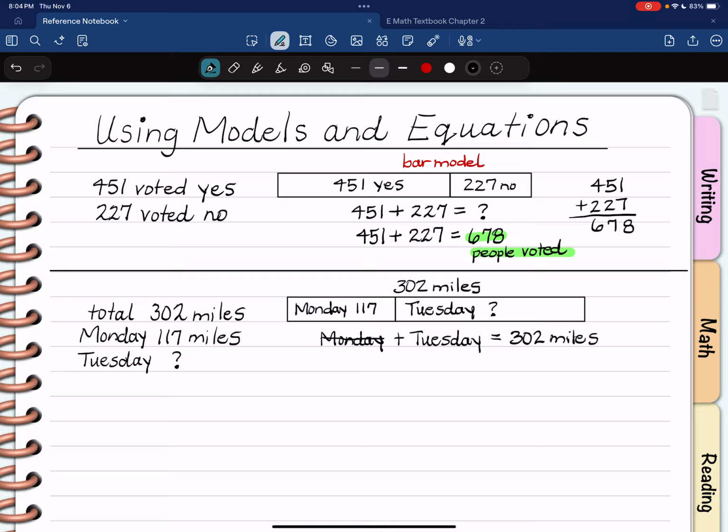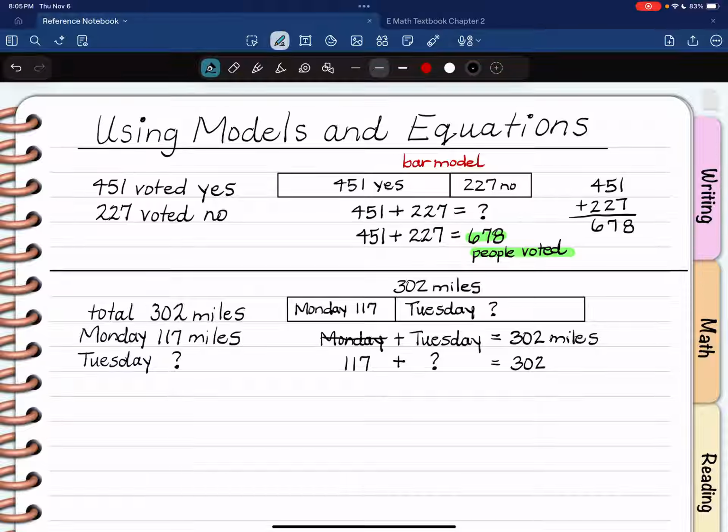And we know what Monday was, so let's cross that out and put its number in there. We know that 302 would be the answer, but we don't know the question mark. We don't know what Tuesday is. And that, my friends, is an algebra problem. Anytime you have a question mark, you're doing algebra.